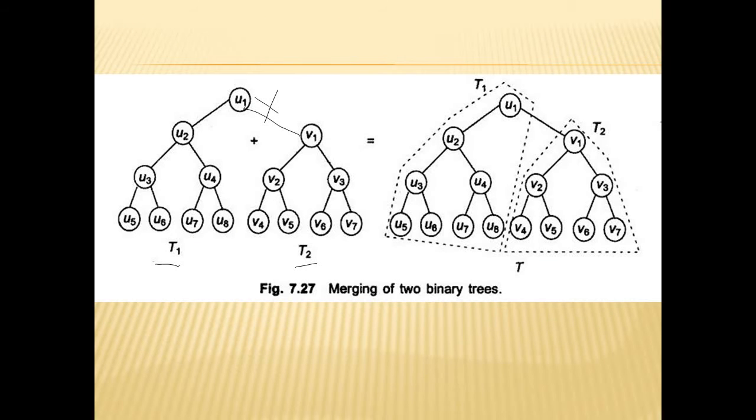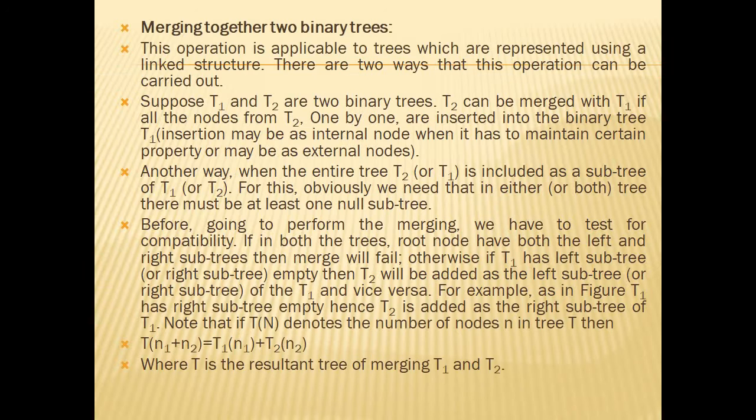If either the first tree or the second tree has one subtree as null, then we can simply link with that one. But you should keep in mind that if the tree doesn't have a null, meaning left and right both have child subtrees, then merging will fail.